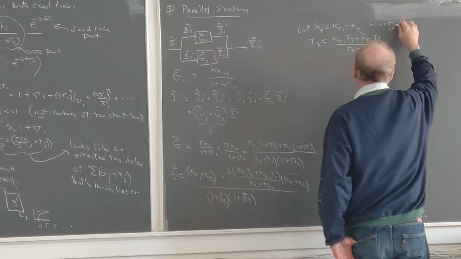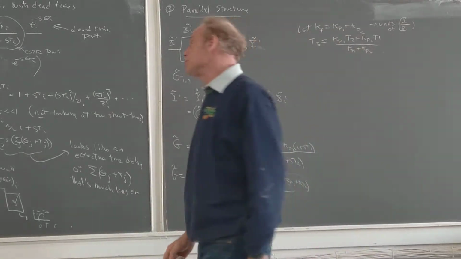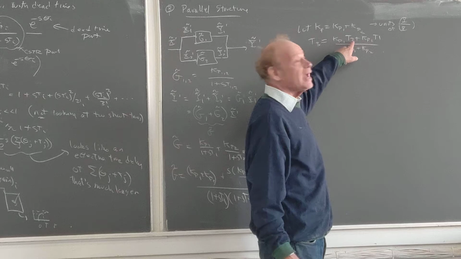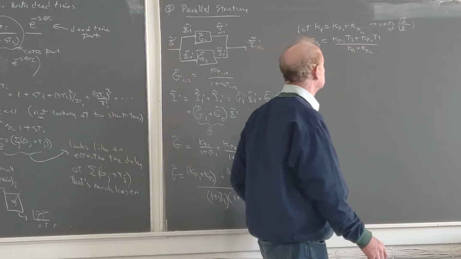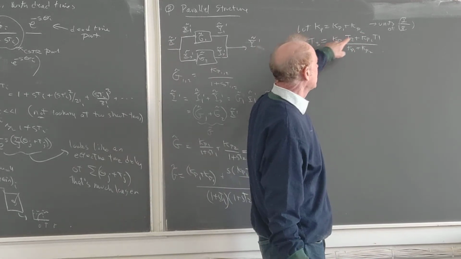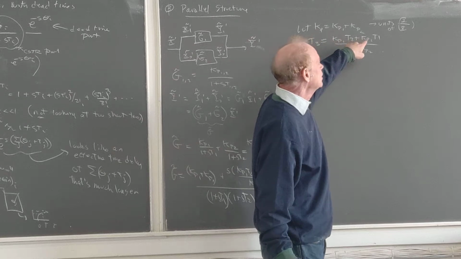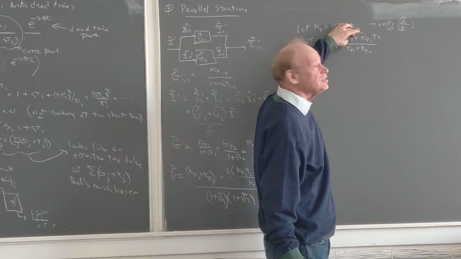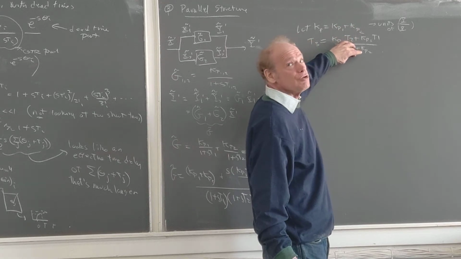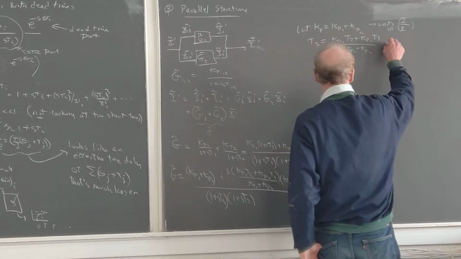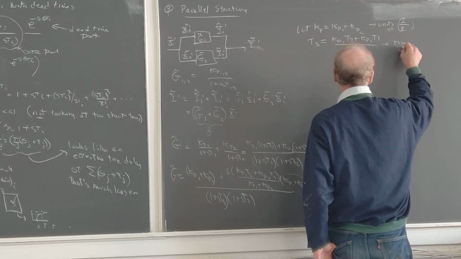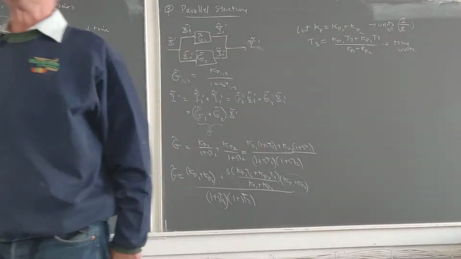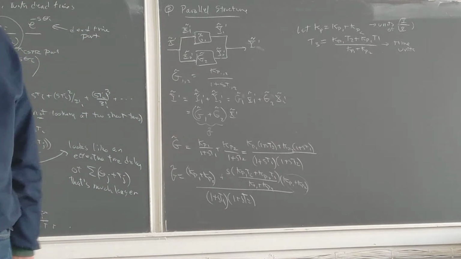Since the Kp's have the same units, and t has units of time, both terms have the same units, so it's the units of Kp times time over the units of Kp. So this has units of time. That's why I call it t3, because it has units of time.